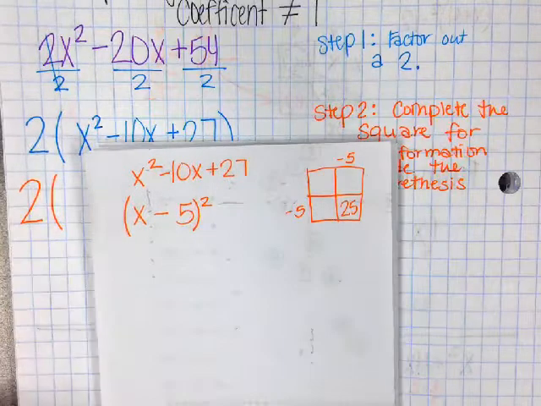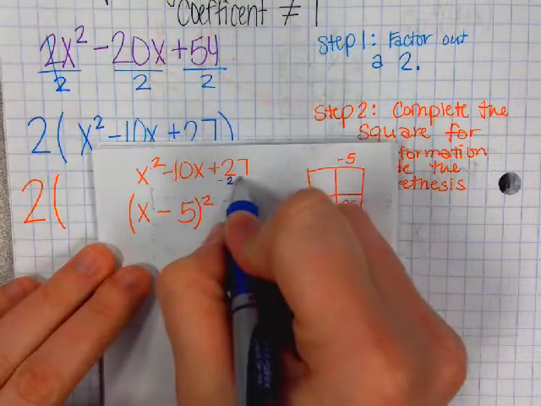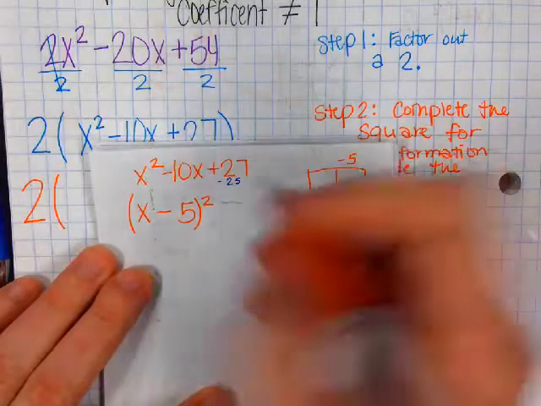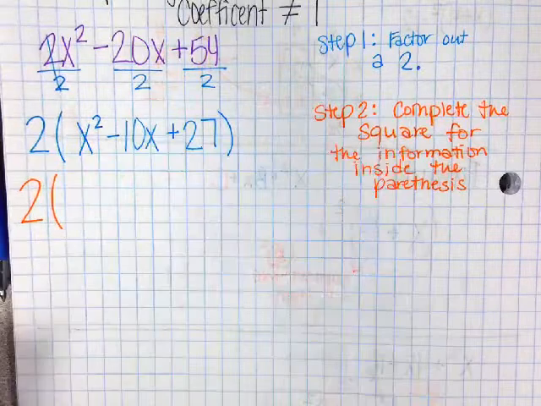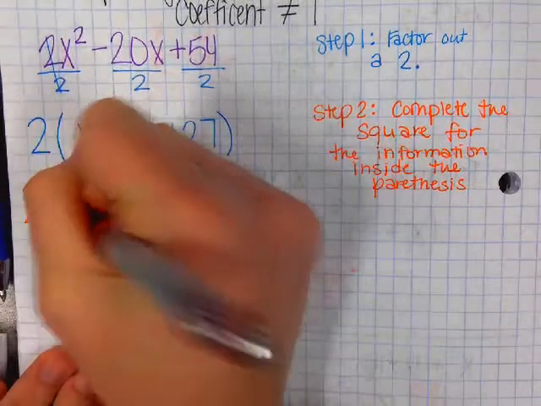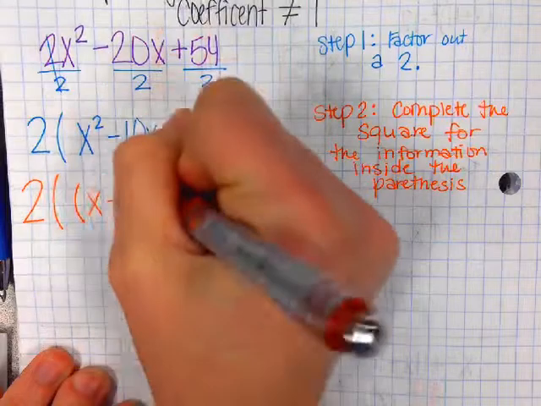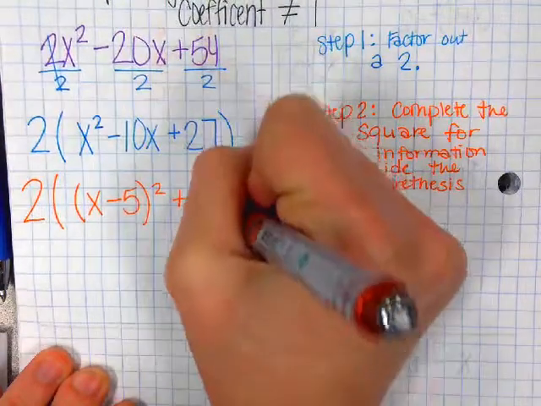Positive 25. So remember, that's what I subtract. So I would subtract 25. What's 27 minus 25? Positive 2. So to complete that square, it would be x minus 5 squared plus 2.